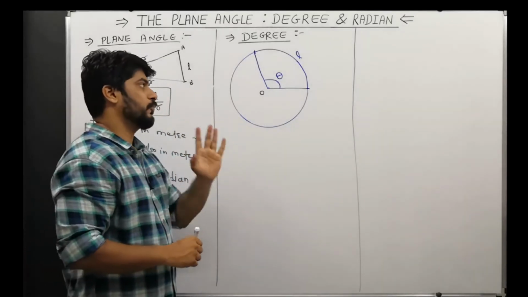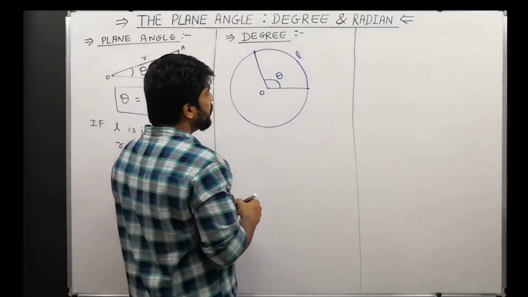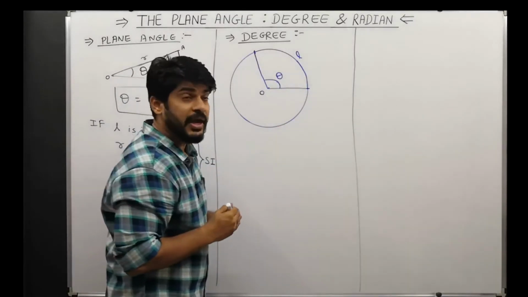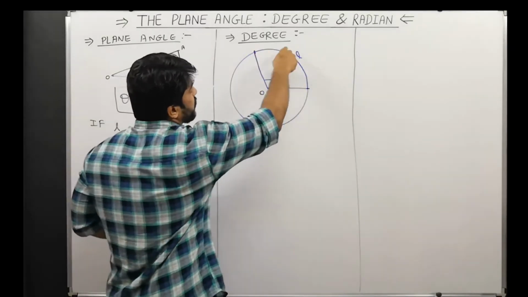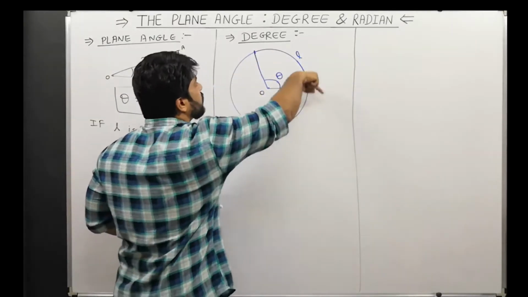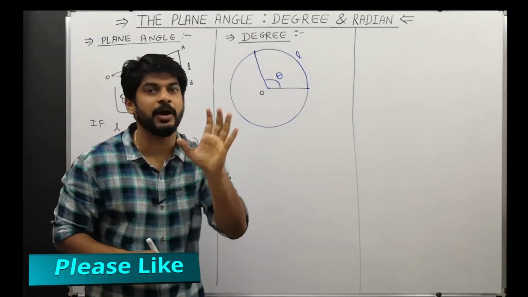Now imagine that we have divided this whole circumference of the circle into exactly 360 parts.